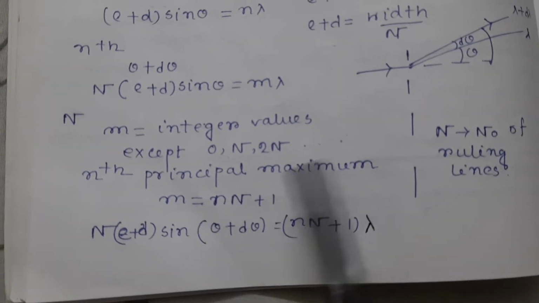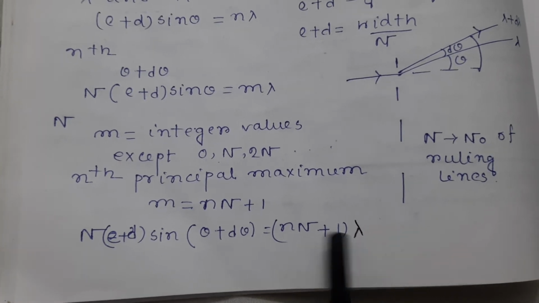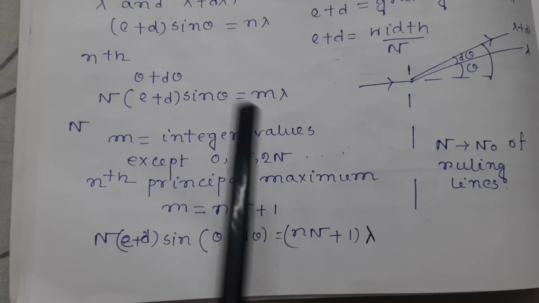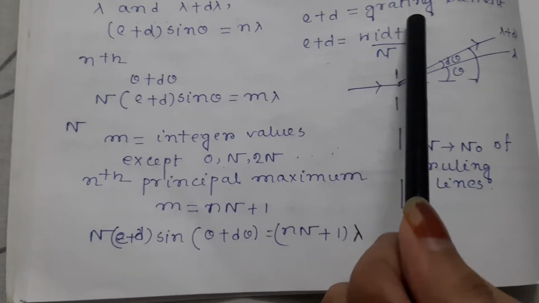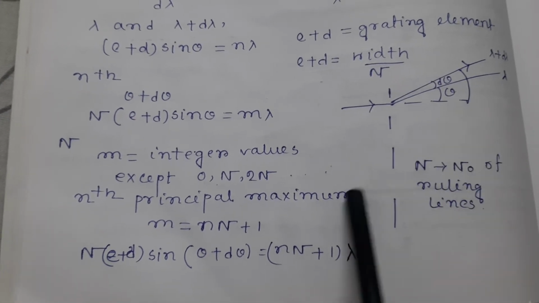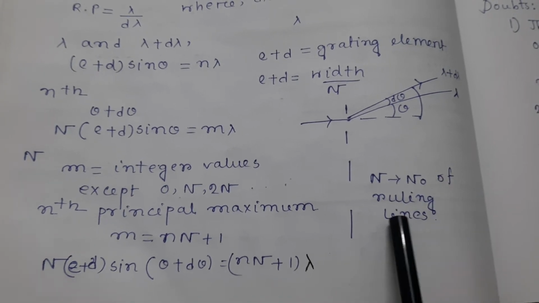Just put the value of m as n into N plus 1 with lambda, because it is m lambda, and N (e plus d) sin of theta plus d theta, because the total angle is theta plus d theta. Capital N is the number of ruling lines.